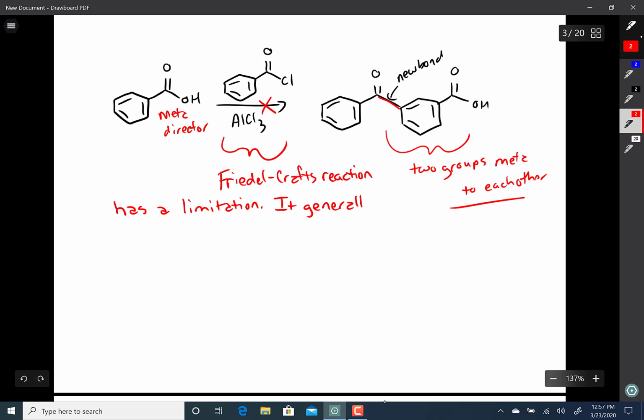It generally fails when a strongly deactivating group is on the aromatic ring.